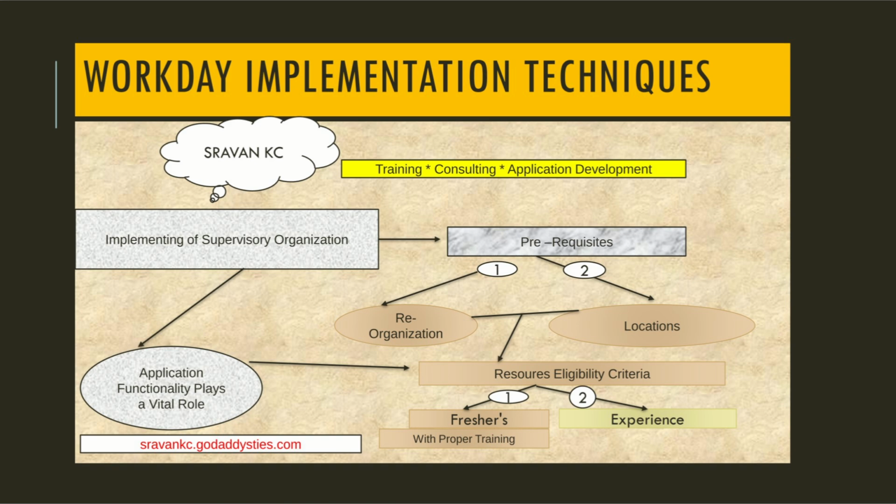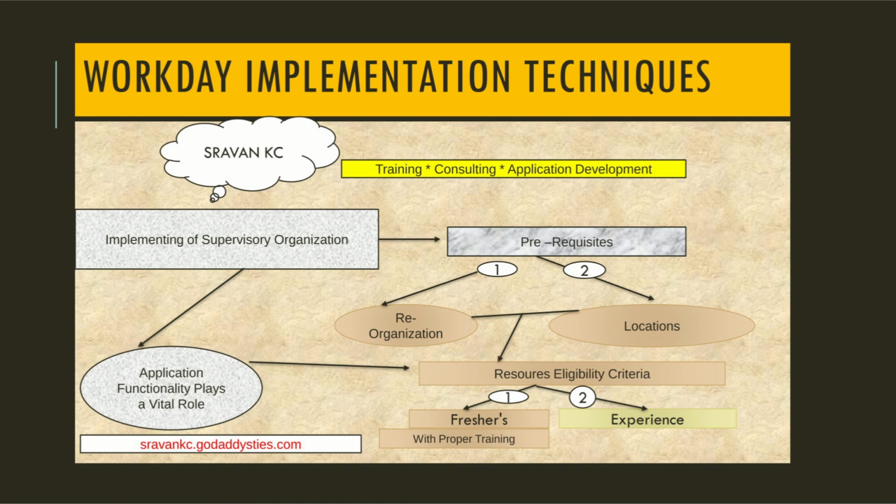Reorganization capabilities and location capabilities can be configured and saved by the freshers with the help of proper training and experienced resources' support. When the freshers get the opportunity to configure, they can configure reorganization as an individual task and location as an individual task.